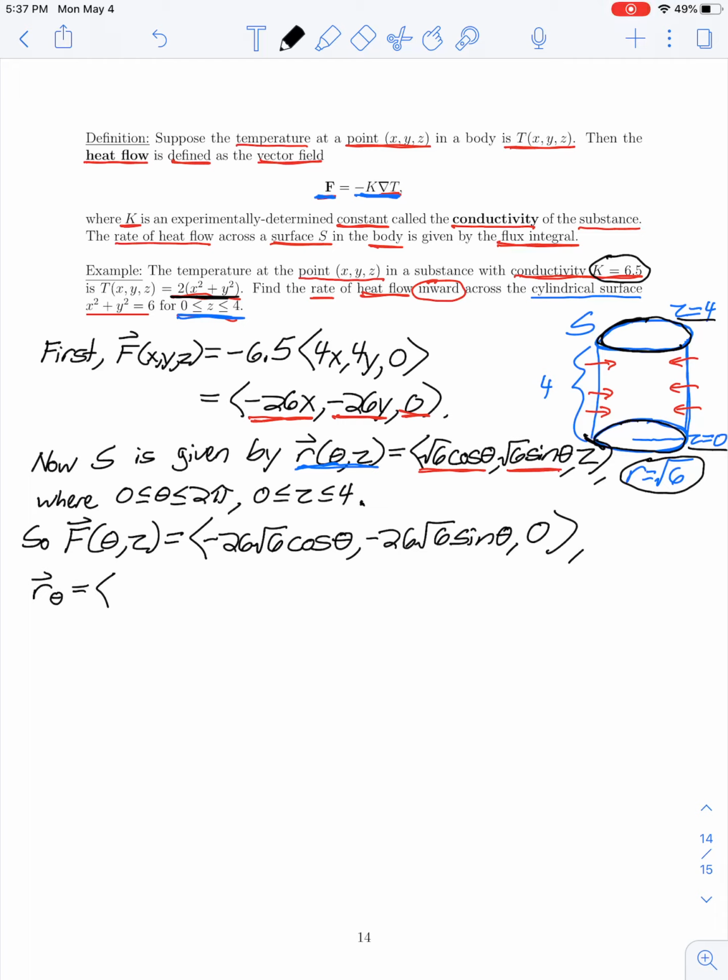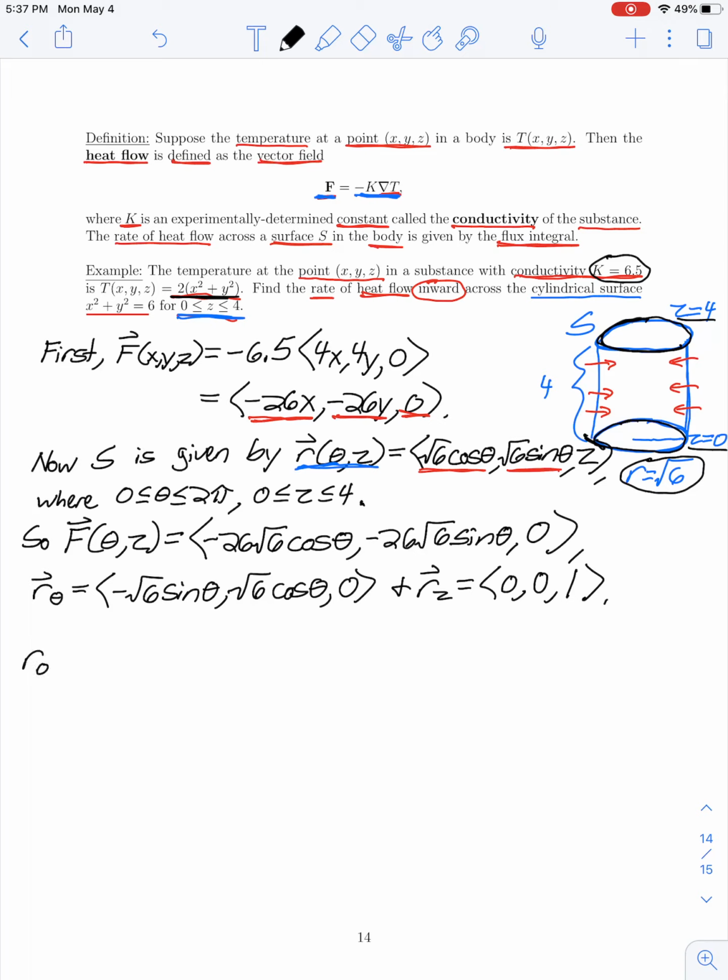Our first component, differentiated with respect to theta, is negative root 6 sine theta. The second component would be root 6 cosine theta. And our last component would be 0. And the partial derivative of r with respect to z is given by 0, 0, 1.